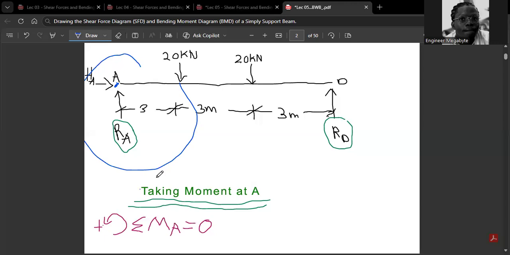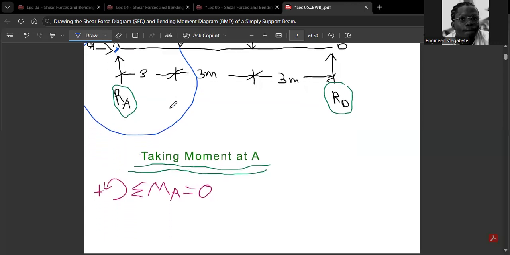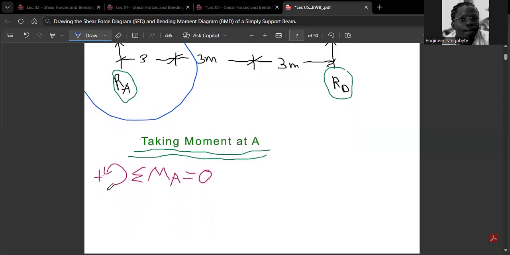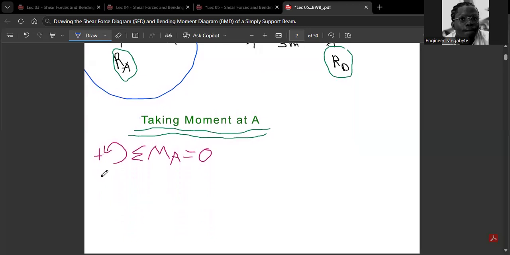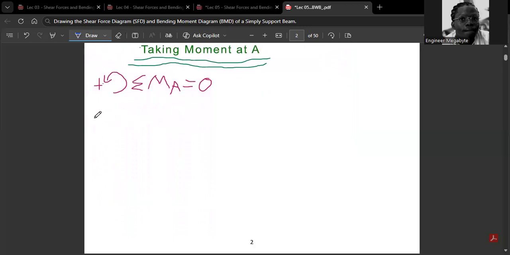This is performing a clockwise movement, so it is negative. So put it into brackets nicely, and you come and write negative, then you open brackets, 20 times 3.